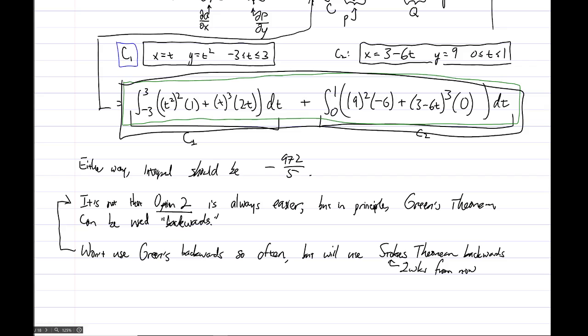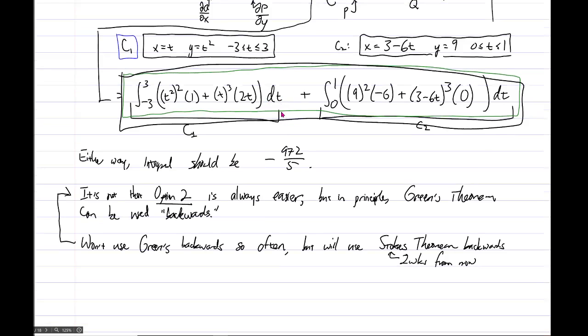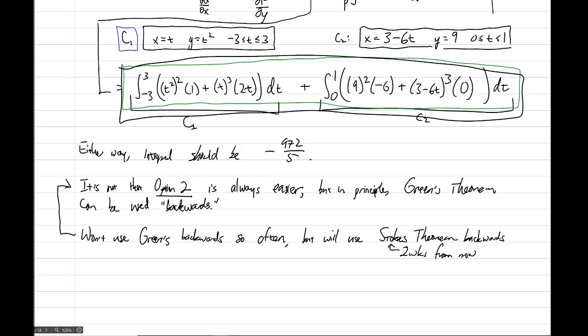But the whole point here is Green's theorem allows you to convert a single integral into a double integral, or a double integral into a single integral, as long as the single integral is over a closed curve. So why not just use the opportunity now to practice? Let's go ahead and do another example, and let me just clear the screen a little bit first.